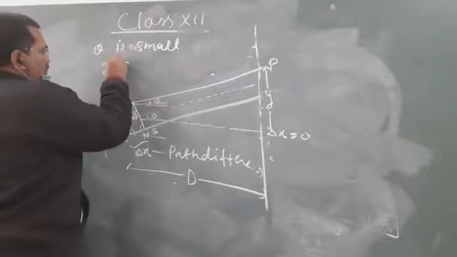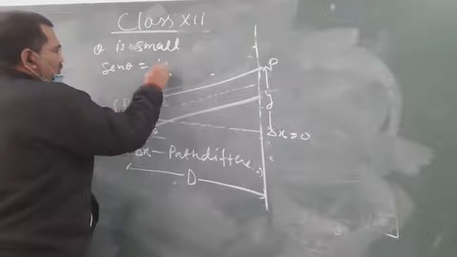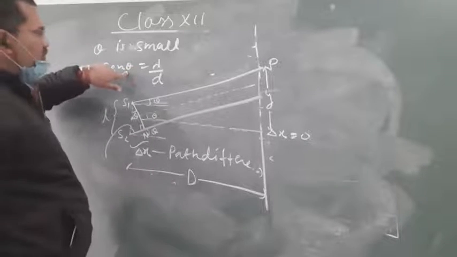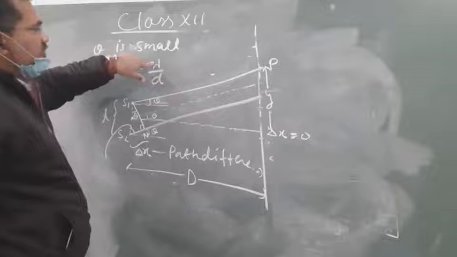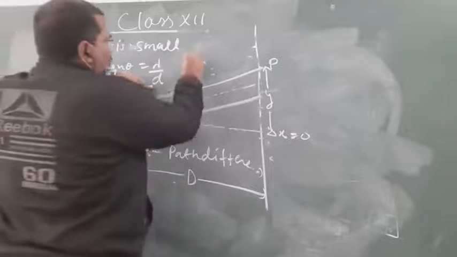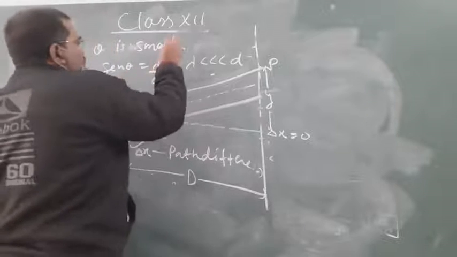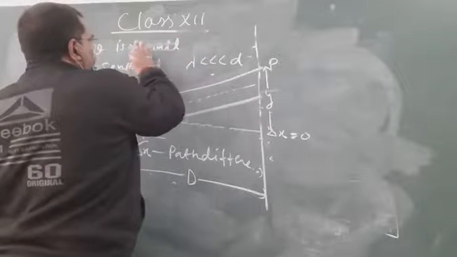As we know, sin theta equal to lambda by d. If theta is small, it means lambda is much smaller than small d. You can write here lambda is much smaller than small d. Theta is very small.